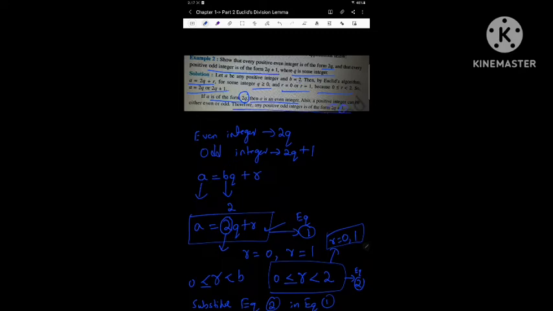This will be the even part, and whenever we add an even number with 1 we will get an odd number. We all know that, right? So we say that any positive odd integer is of form 2q plus 1 and even integer is of form 2q. So I hope this is clear to everyone now.